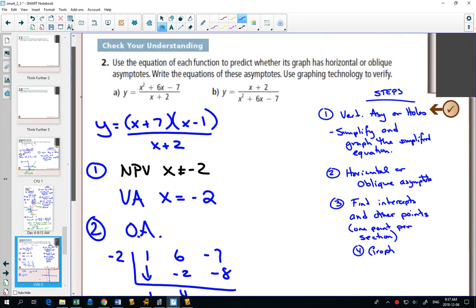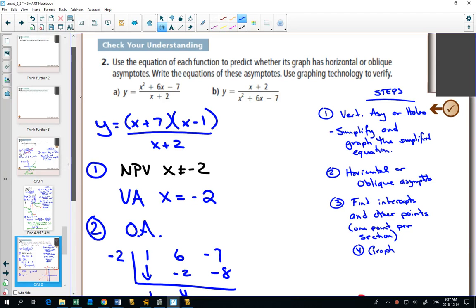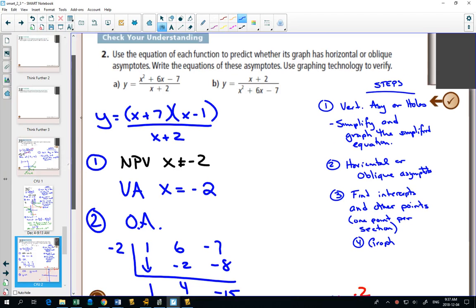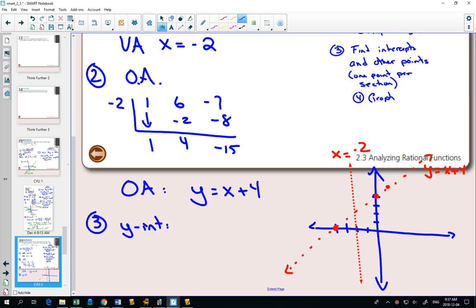If I plug in 0 for x, can you see that I'll have -7 in my numerator, 2 in my denominator, -7 over 2. There's my y-intercept.